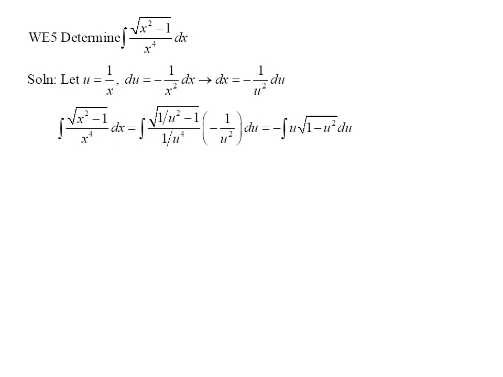Hence, the antiderivative can be written as the integral of square root of 1 over u squared minus 1 over 1 over u to the 4th times negative 1 over u squared du, which equals negative integral of u times square root of 1 minus u squared du.